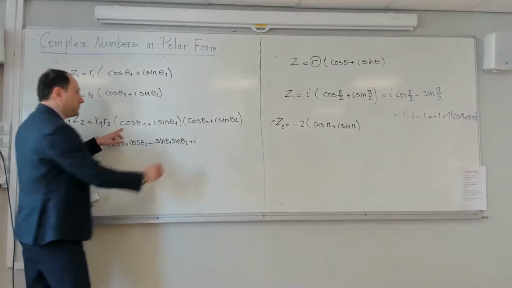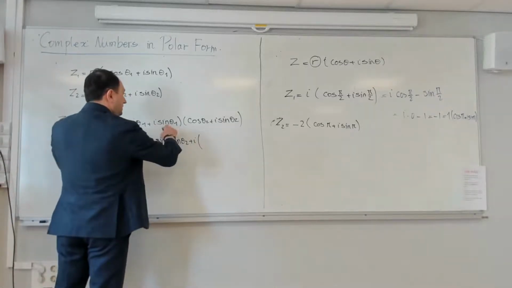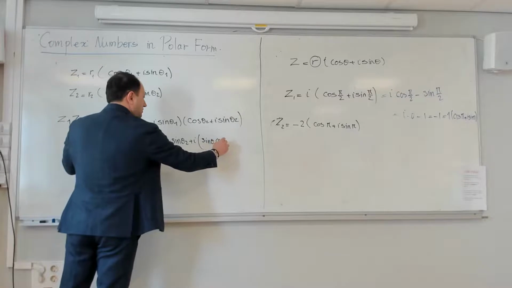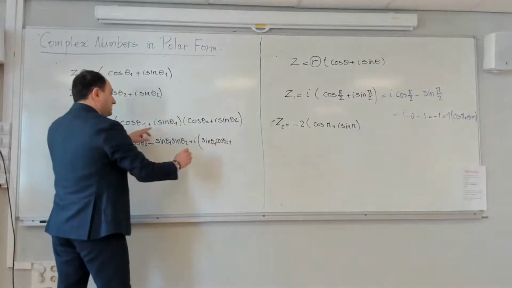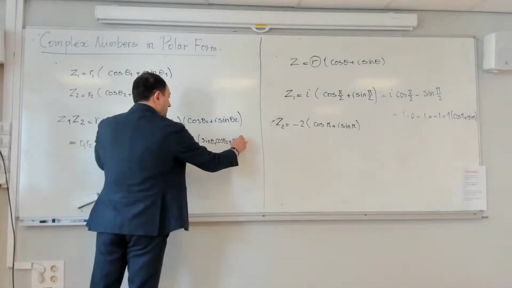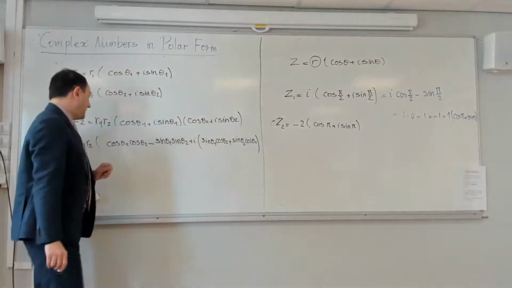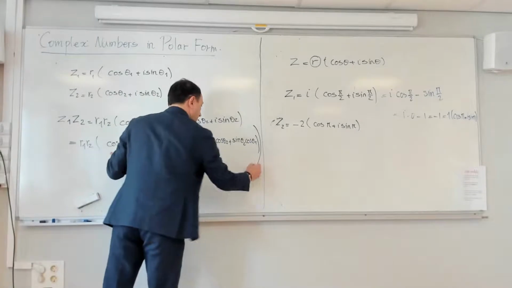So it becomes sine theta 1 cosine theta 2 plus sine theta 2 cosine theta 1, and then I have a pair of brackets closed at the end.